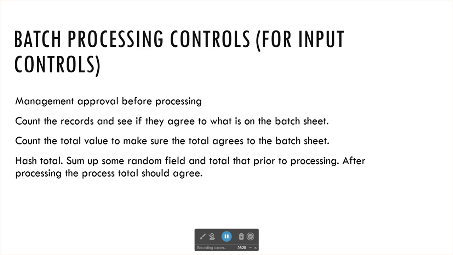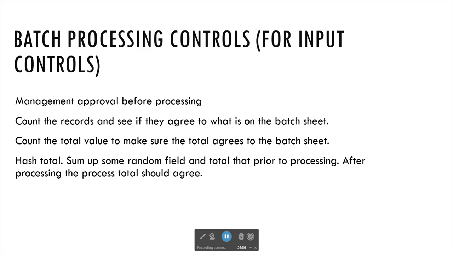So a problem again with batch processing is you're going to have a piece of paper, and on this piece of paper you're going to write down what you believe is the number of records. You're going to write down the total number of sales on each one of those pieces of paper added together, right? The total for all that batch. And then you're also going to have a hash total. So you come up with these numbers, and then you put all the data from those pieces of paper into the system.